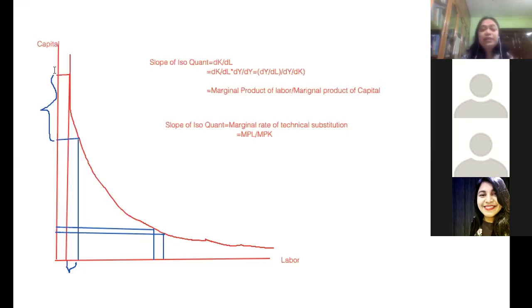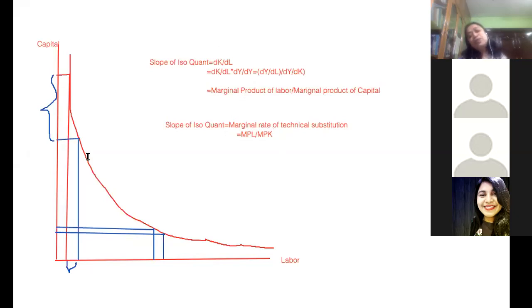You are sacrificing that amount of capital, delta K, to gain a little bit of labor, delta L, right? So the slope at this particular point is delta K divided by delta L. Then we cross multiply and do a little bit of manipulation, and we can see that the slope of the iso-quant is nothing but the marginal rate of substitution, or the ratio of the marginal productivities of the factors, marginal productivity of labor divided by marginal productivity of capital.